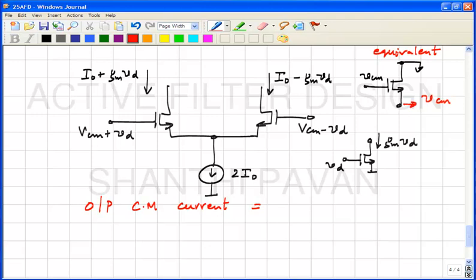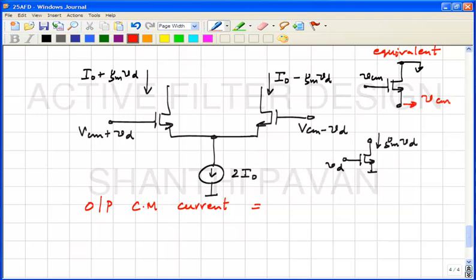Just like the common mode of two voltages is the average of the two voltages, the common mode of two currents is the average of the two currents. We have two currents here, I naught plus GMVD and I naught minus GMVD, and what is the common mode current?